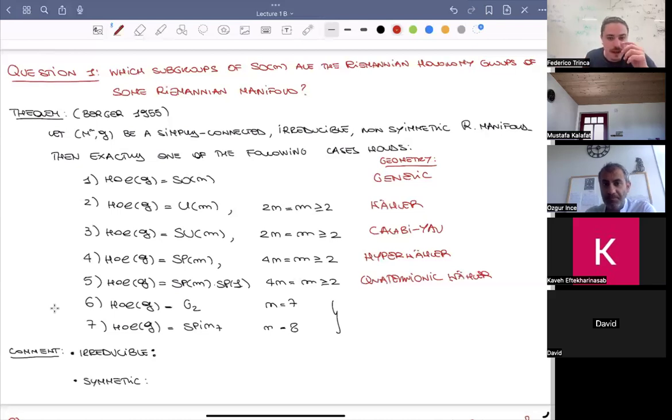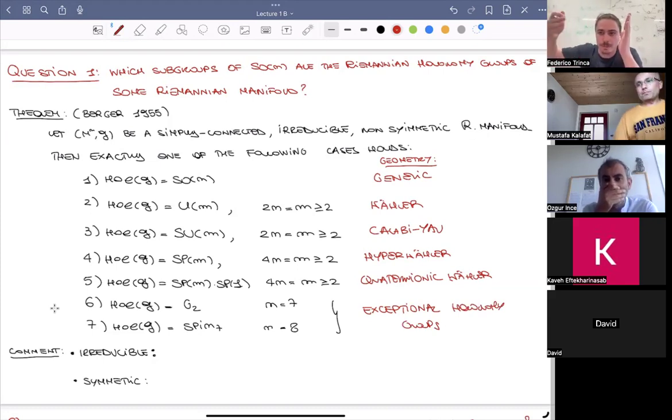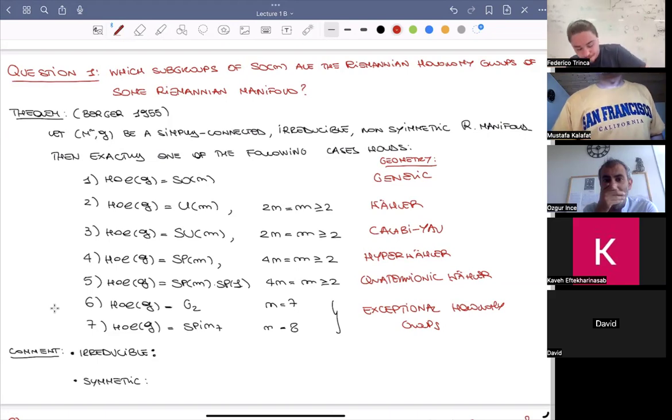And finally, I have the groups G2 and Spin(7), which appear only in dimensions 7 and 8, and these are called the exceptional holonomy groups. You can see that these are exceptional in the sense that they only appear in two precise dimensions and don't appear in a one parameter family.